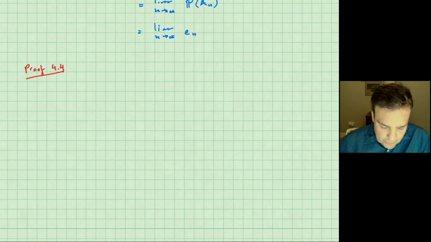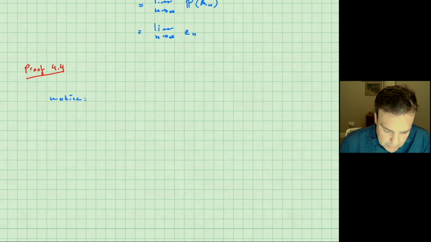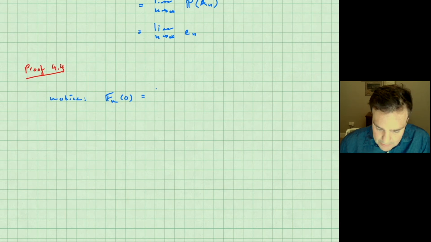We're going to use a kind of clever trick for this. So notice the following. Notice that you can write this probability generating function F sub n evaluated at 0. What does that give you? Let's put in the definition. This is the sum as k equals 0 up to infinity.